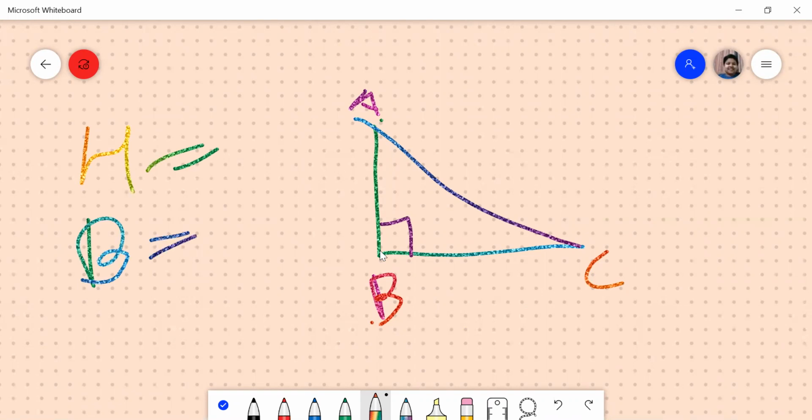And can anyone tell the perpendicular? Okay, so the hypotenuse of this right angle triangle ABC would be AC. The base of this would be BC, which I just told you. And the perpendicular would be AB.